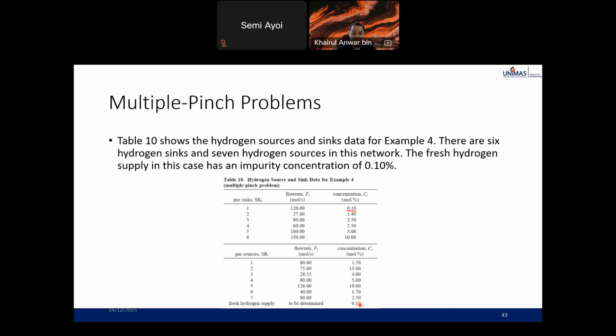Multiple pinch problem. Table 10 shows the hydrogen source and sink data.